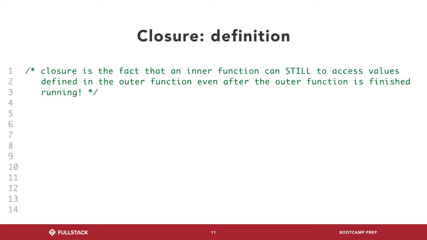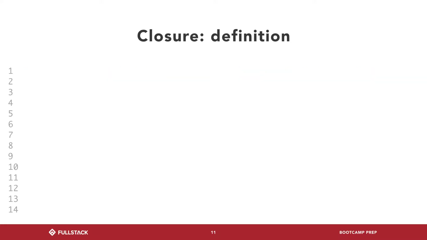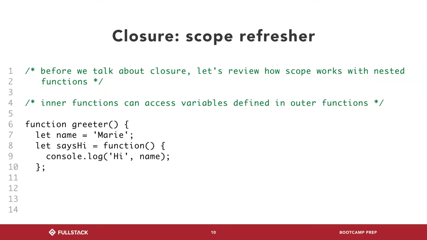So the idea of closure is that this say hi function on line 8 there, because it was created in the greeter scope, no matter where I invoke say hi, it will always have access to that name equals Marie variable, even if I invoke it outside of the greeter function.